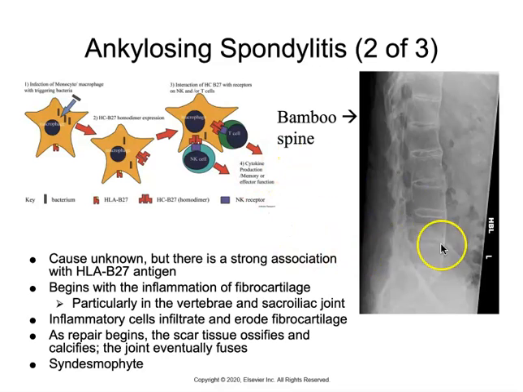And when we look at this in imaging, we can start to see something called syndesmophyte formation, in which we get a bony outgrowth of the bone and a bridging structure that forms within our spinal ligaments. And it appears as bone spurs that are helping this bridging action take place here between the vertebrae.